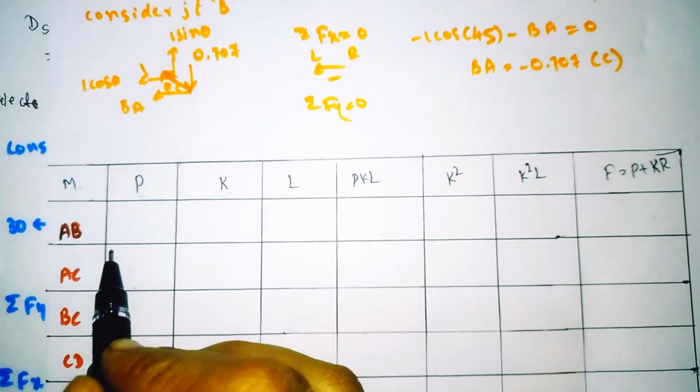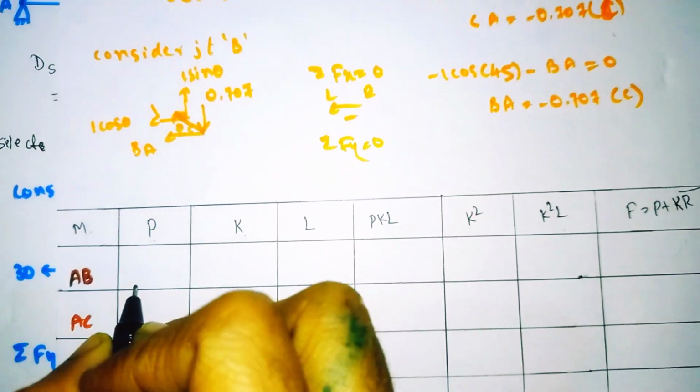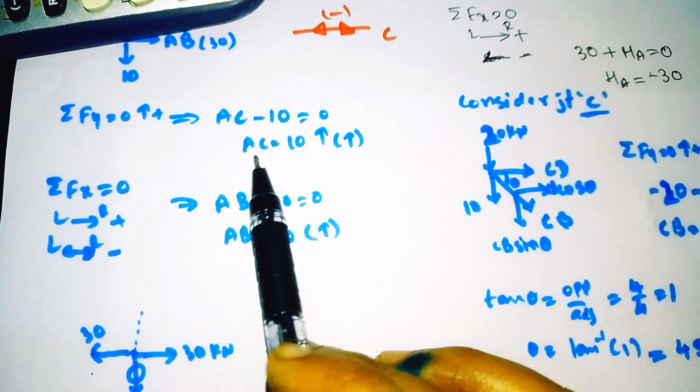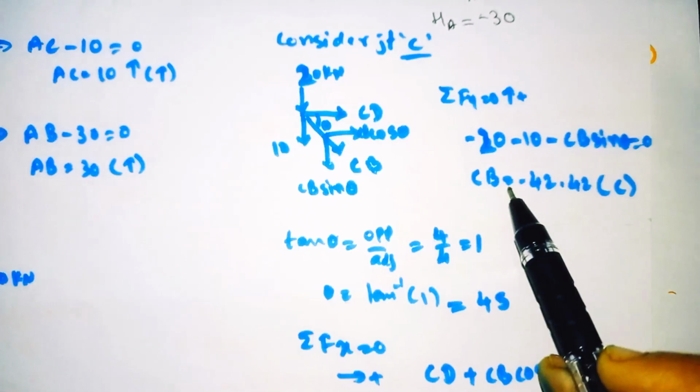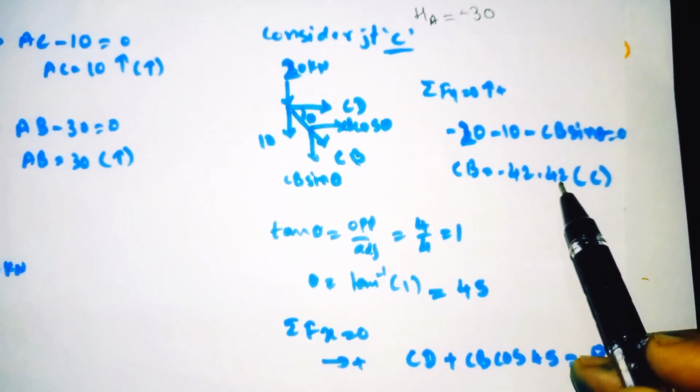For AB we have 30 and AC is 10 and BC is minus 42.42 and CD is 30.